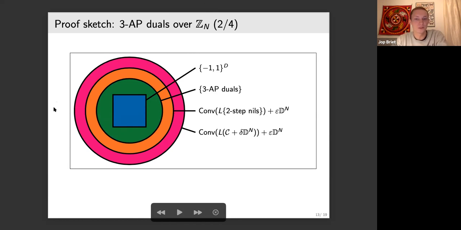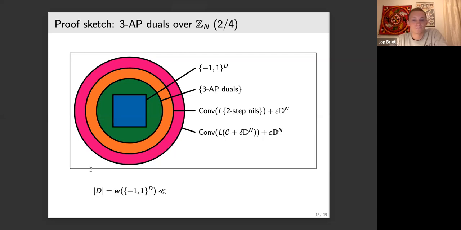And now we're going to use this width I've just defined. First of all, like I said, it's not difficult to check this. I'm not going to prove it, but it's not difficult to convince yourself of. The Rademacher width of the Boolean hypercube of dimension cardinality of D is the cardinality of D. The second property of this width that I'm going to use is that it's monotone under set inclusion.